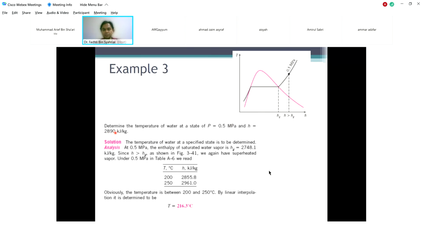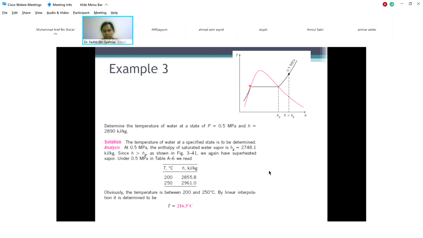Still in step number 3, transfer the value into our diagram. What you have to do is, in order to put this value 2890, find the enthalpy of saturated vapor, Hg, and then Hf as well.